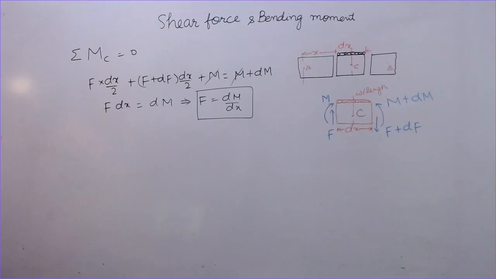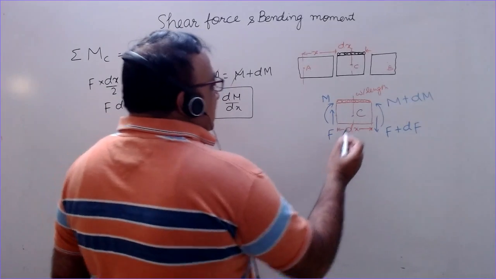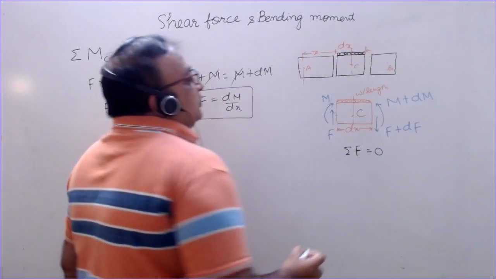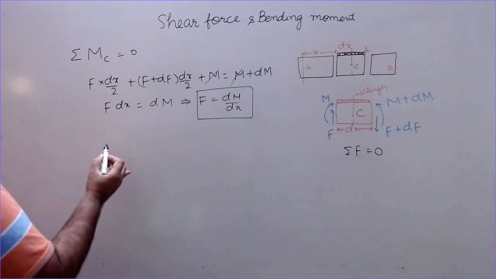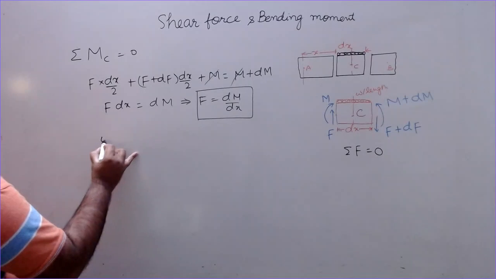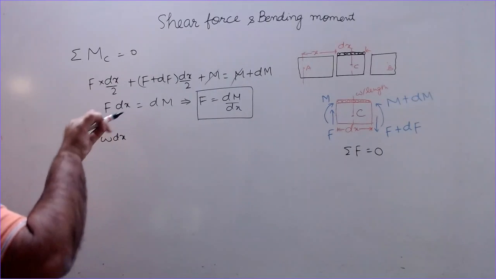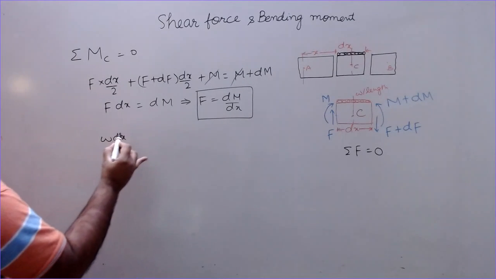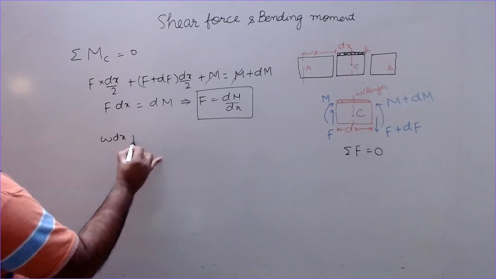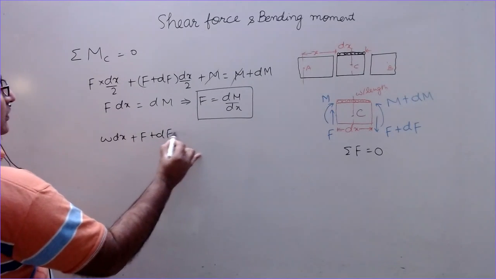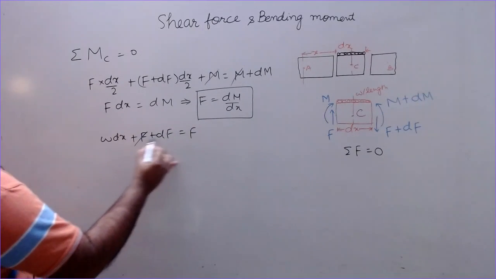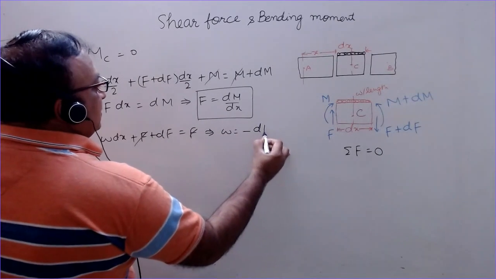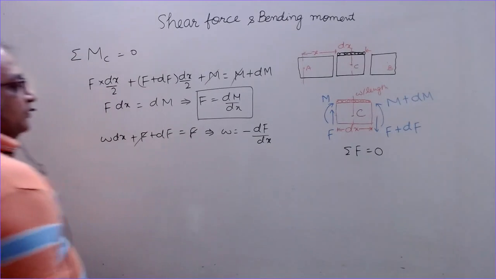Now if I write the condition for net load on this being 0, sigma F is equal to 0. The net downward load is w into dx, the load which is distributed, w per unit length into length dx, and another downward force is F plus dF, equal to the upward force F. So this gives us w is minus dF by dx.